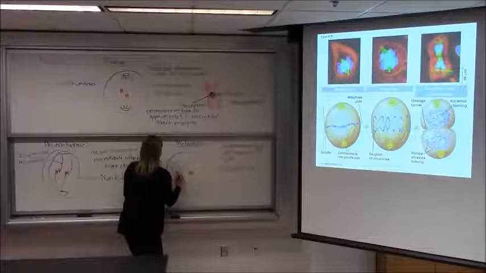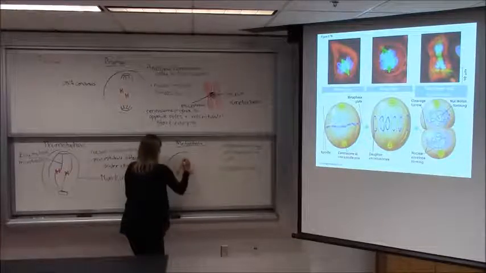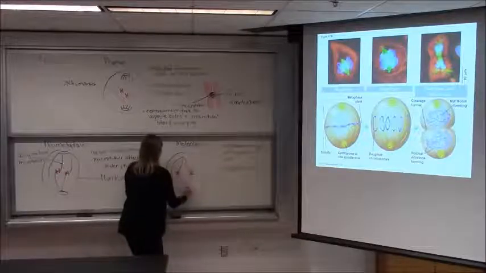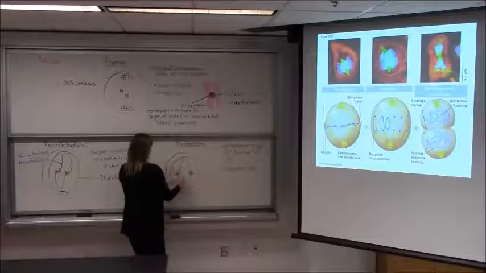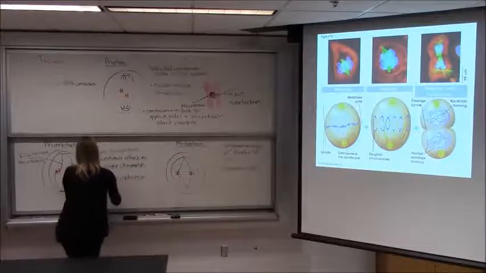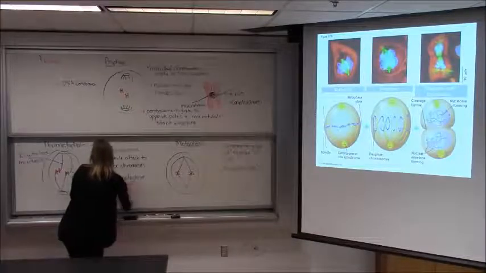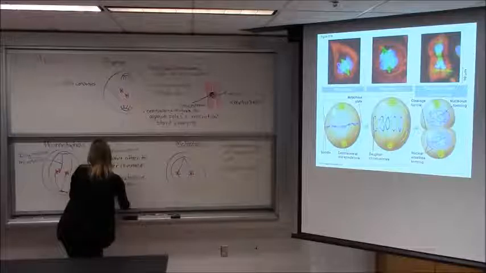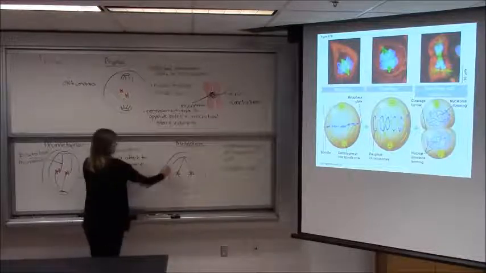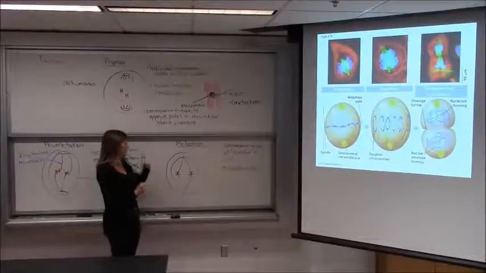Each kinetochore must be connected to a microtubule from an opposite pole. And then we have the non-kinetochore microtubules. Those are going to start elongating the cell. So those non-kinetochore microtubules are going to grow and elongate the cell. The kinetochore microtubules are what's going to actually pull those sister chromatids apart. They're pulling.